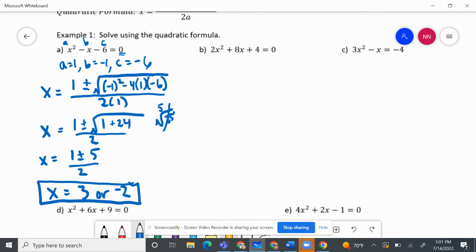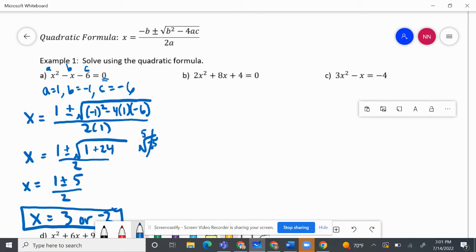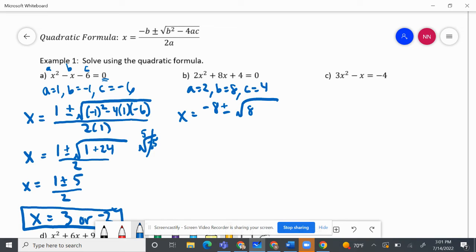Now, if we look at letter B, what we're going to do is plug in our values. So A is 2, B is 8, C is 4. So x equals negative 8 plus or minus the square root of 8 squared minus 4 times 2 times 4.